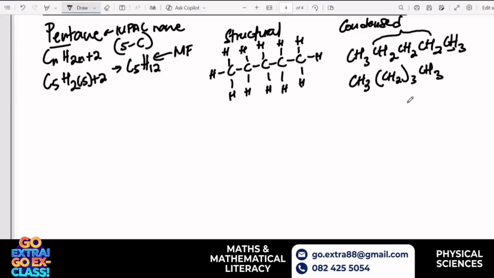So this is how the condensed formula of pentane can also be written in a short notation.